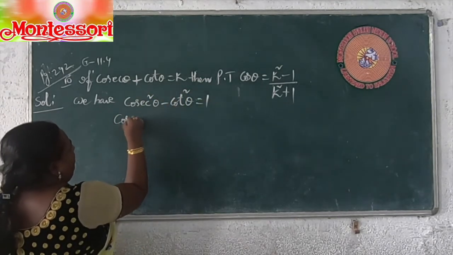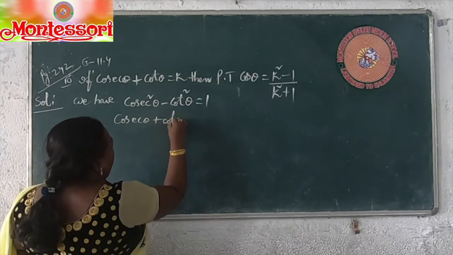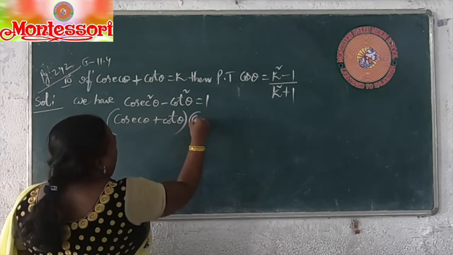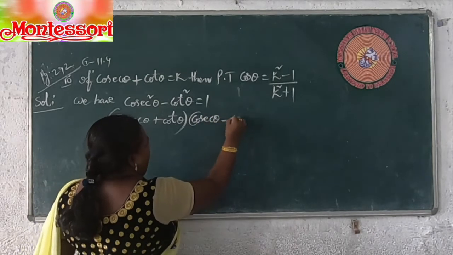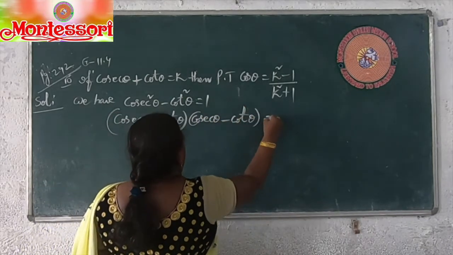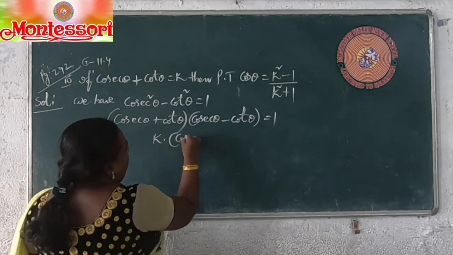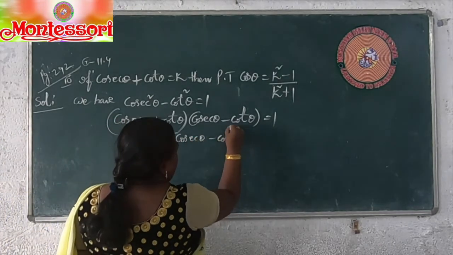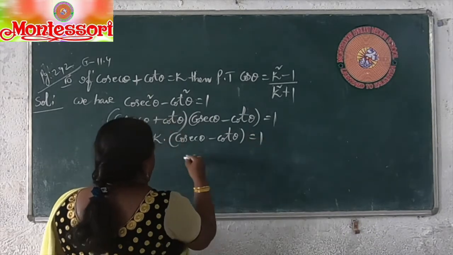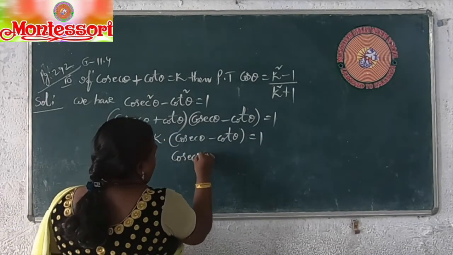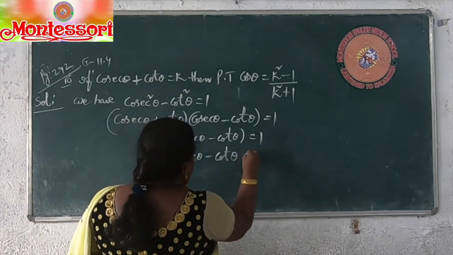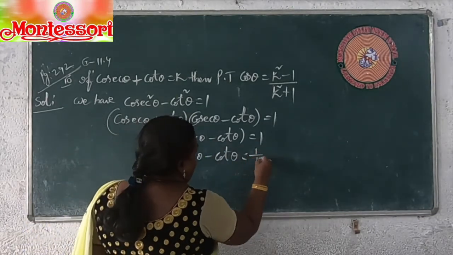Then (cosec theta plus cot theta) into (cosec theta minus cot theta) is equal to 1. Substituting the value k, k into (cosec theta minus cot theta) is equal to 1. So cosec theta minus cot theta is equal to 1 by k.